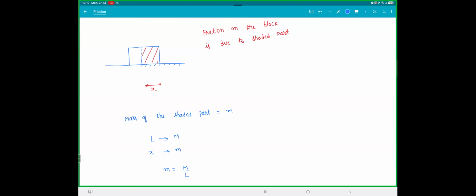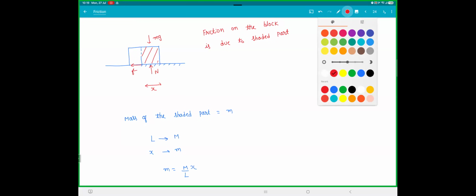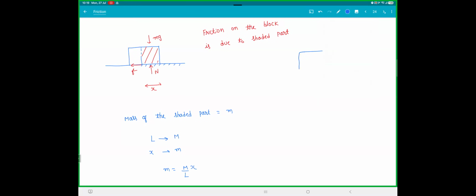The tension in a rope, M by L x. So now when you draw the free body diagram, this is the normal reaction. This weight will be small mg, you should not put full mg. And the friction is backward.